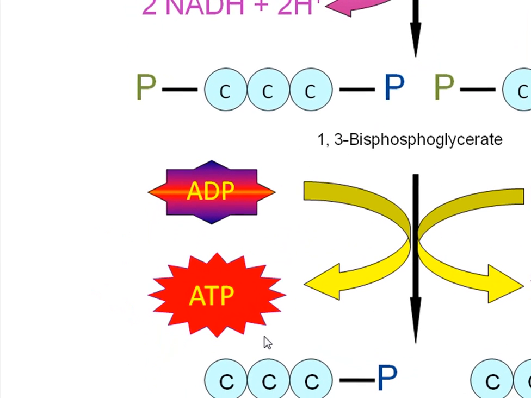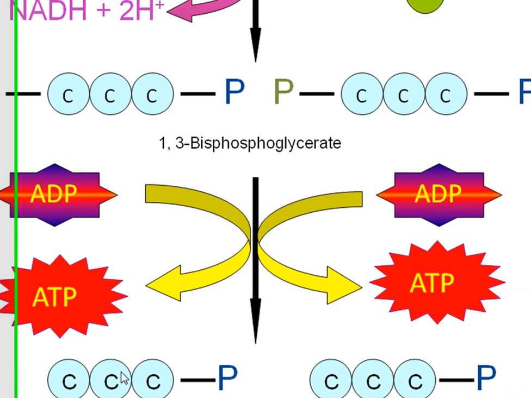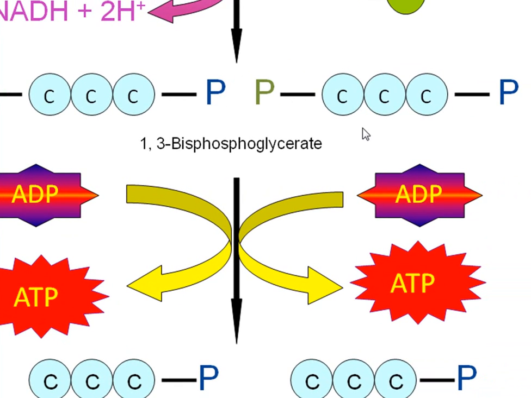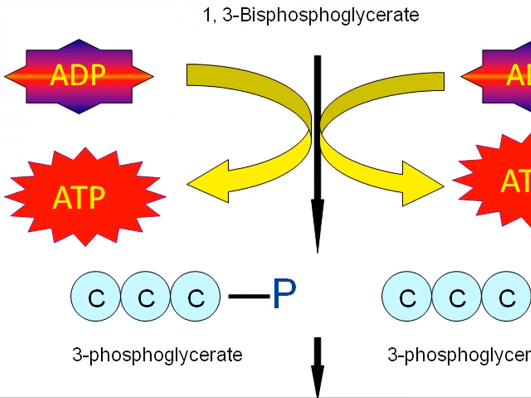This phosphate will then be transferred from the carbon to ADP to form this high energy bond of ATP, leaving only 3-phosphoglycerate at the end. Because there are 2 of these, we have 2 reactions and 2 ATPs produced.